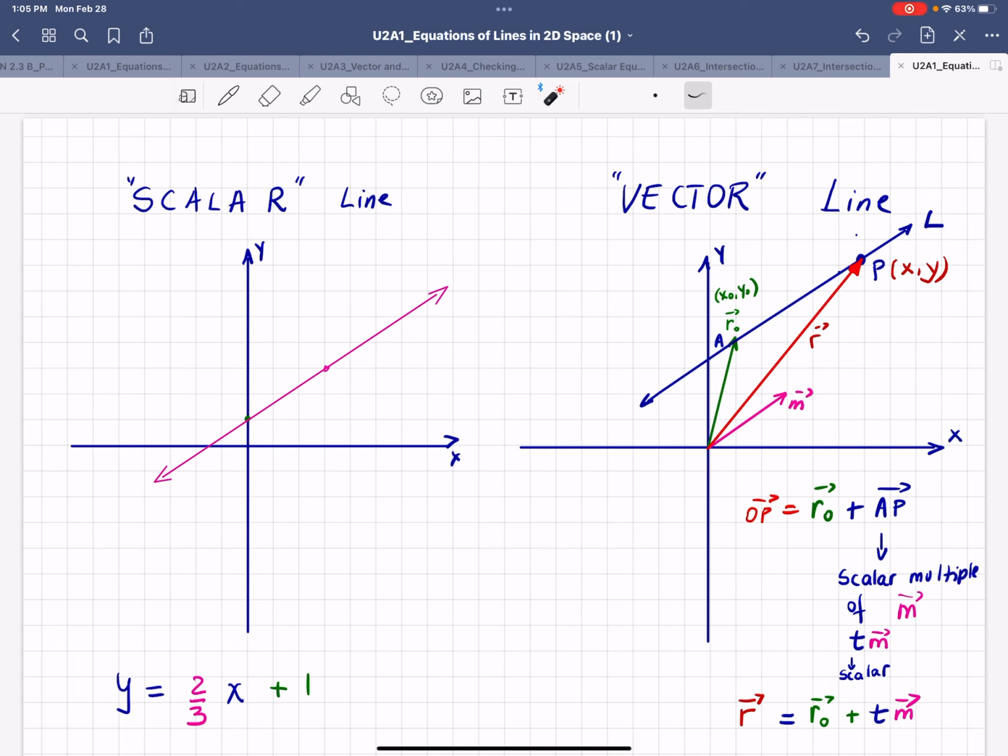So in scalar form again, we could draw the line by using 2 points. So we can use the two heads of vectors r0 and vector r. Or we can use a point and the slope, which means we can use a starting vector and a direction vector that can lead us to drawing the line.